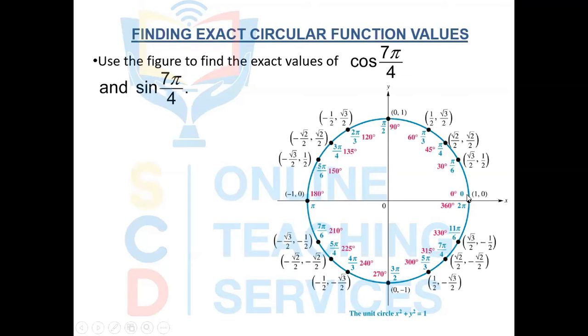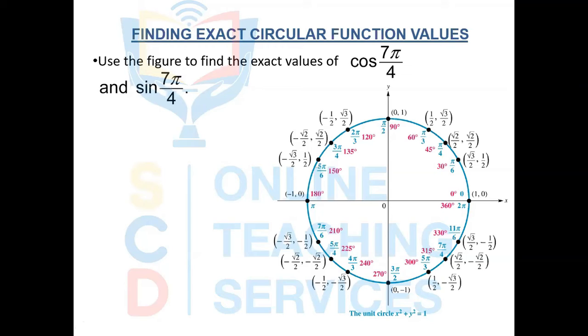It is coming from 0 going anti-clockwise until here, correct? Can you see the pointer of my mouse? 7 pi over 4 is somewhere here at this point, correct? Yes. Okay. In between 3:15 and 3:30.